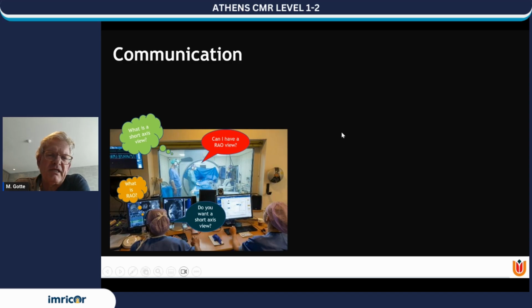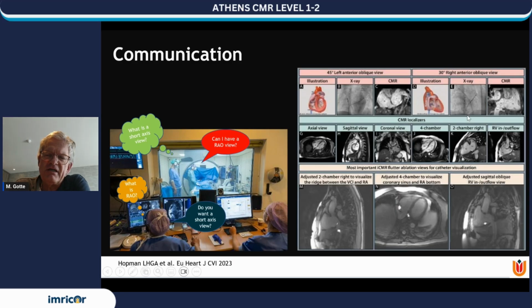So that is the reason why we came up with this publication, highly recommended, where we try to bridge the gap between the world of imaging with the world of EP, and the different nomenclatures used for ablation strategies and for imaging are brought together to improve the understanding and help the navigation of devices.